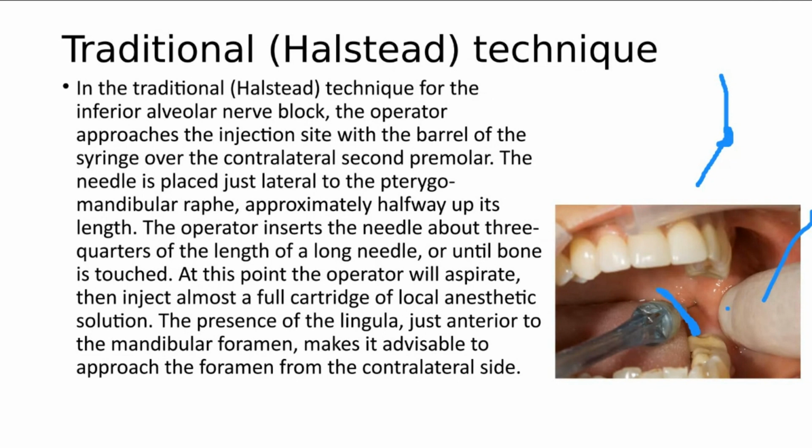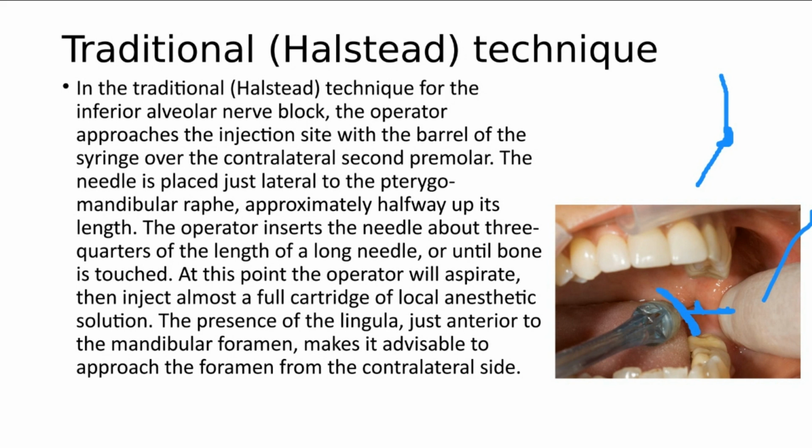Draw an imaginary line exactly in the middle of the tip of your thumb, and take it to the middle of the pterygomandibular raphe. And this will be your point of injection, like here. Not exactly in the middle, it's closer to the pterygomandibular raphe. Okay? And obviously, you're going to make two negative aspirations and inject.